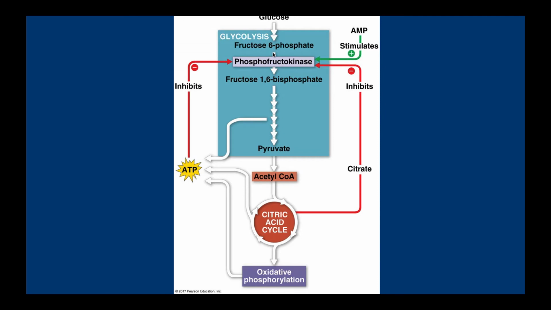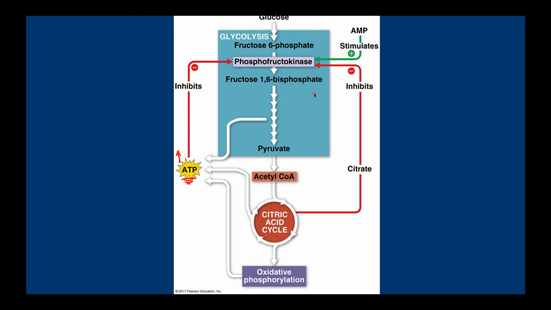Indicated in the diagram here, there are two inhibitors that feed back into the process that slow it down. One is if there's an excess of ATP. When there's plenty of ATP, it can act as an inhibitor and feed back into phosphofructokinase and downregulate, slow down the process.